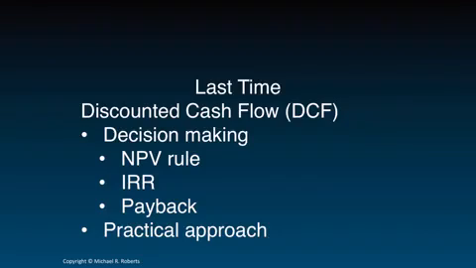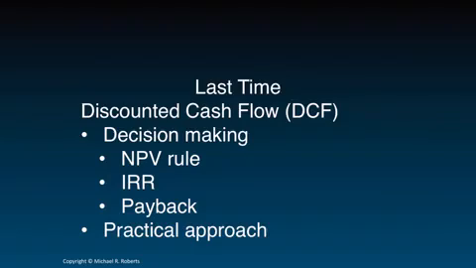So we introduced the topic Discounted Cash Flow Analysis by discussing decision making. And we talked about several different decision rules used in practice, beginning with the NPV rule, which is nothing more than the difference between the present value of costs and the present value of benefits.